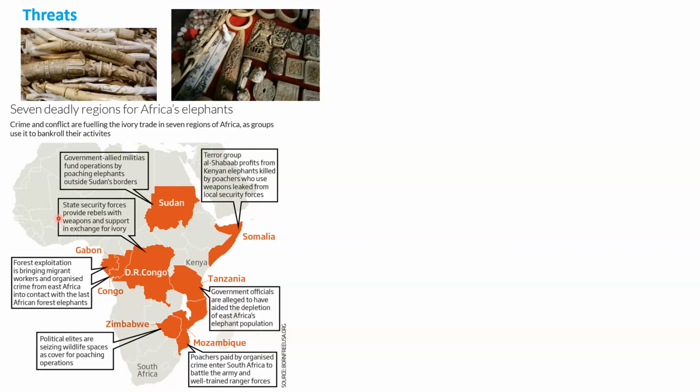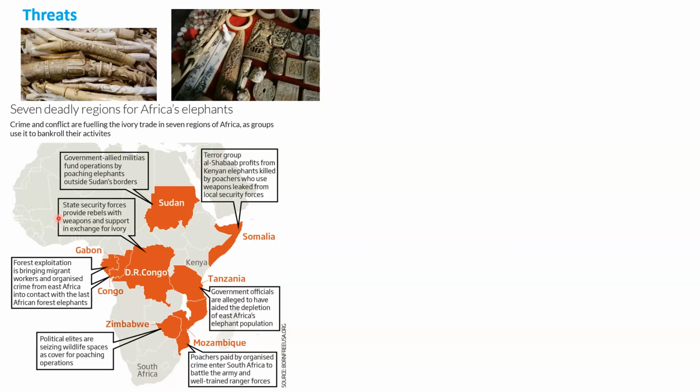I have no idea why you need to make a dagger holster out of ivory, but people do, right? Like I said, people are the worst. In fact, there are criminal syndicates in Africa, as well as in the rest of the world, to facilitate ivory trade, right?